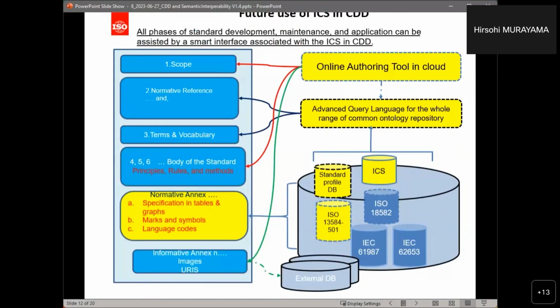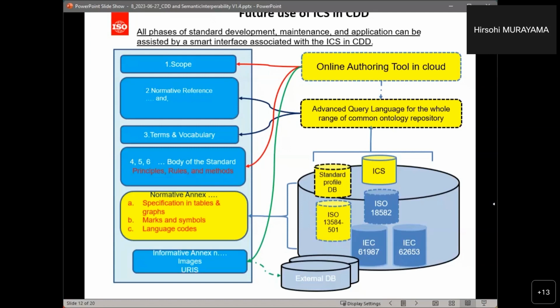Okay, as I said, we are putting the ICS, the International Classification for Standards, into the CDD, and every standard in ISO and IEC has an ICS number. So if we have the classification of ICS in the CDD, then all the standards can be searched through the ICS number. That is the idea, and we are in the process of validating the ICS change request.